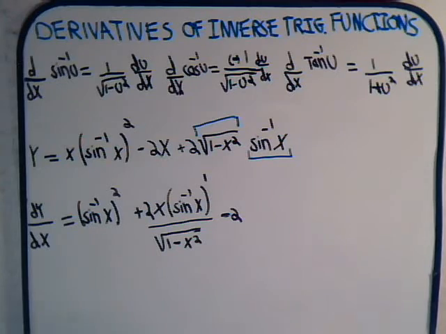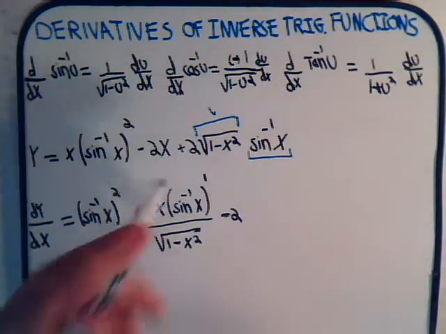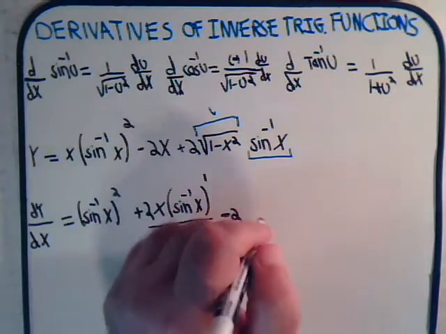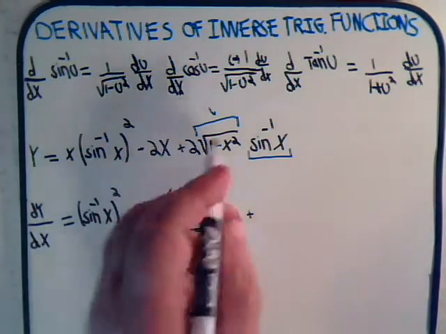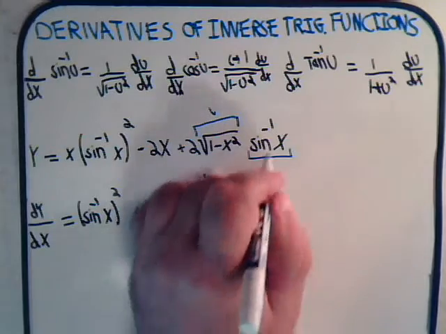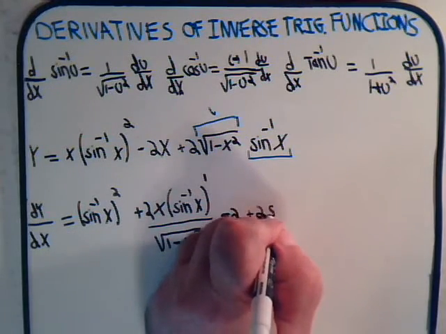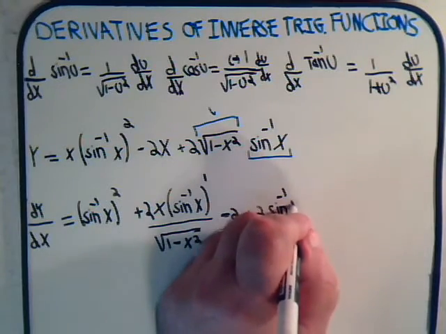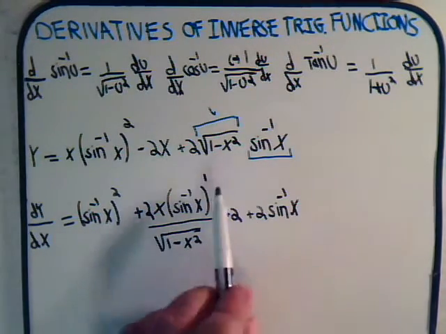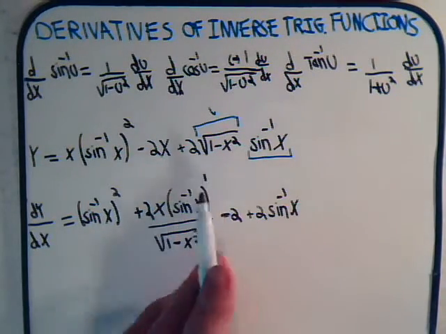So let's take this derivative first. So we're going to have 2, minus 2 came from here, plus 2 times the inverse sine of x. And now we have to take the derivative of this.